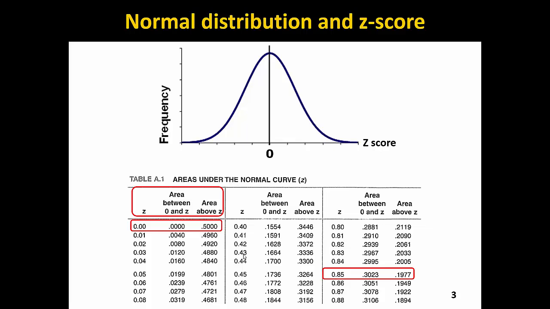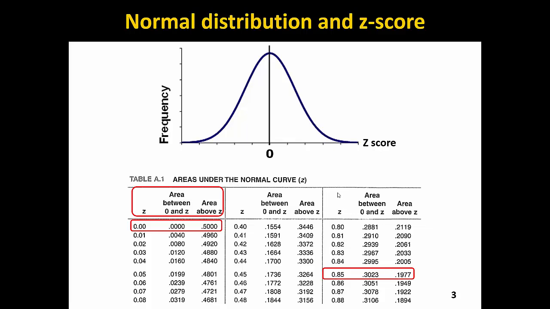Let's suppose we have 16 participants. We identify one participant, and that participant has a z-score of 0.85. That's what the equation gave us. So we go to the z-table, and we look up a value of 0.85, and we see the corresponding area between 0 and 0.85, and the area outside of that.